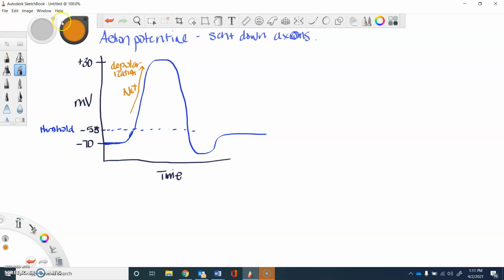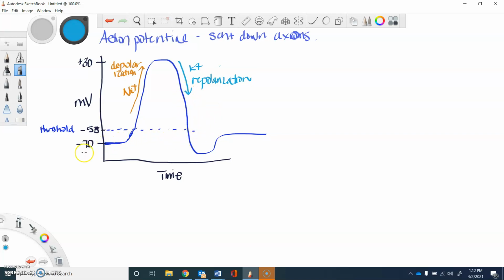Okay, and then potassium gates are opened, and just don't forget there's more sodium outside, so sodium's coming in. That's why it's depolarizing, because you have all those positive ions coming into the cell. And when the potassium channels open, potassium leaves the cell because there's more potassium in it. So the potassium is leaving the cell, and that will cause repolarization. Because as those positive ions leave, it's making the inside more negative again.